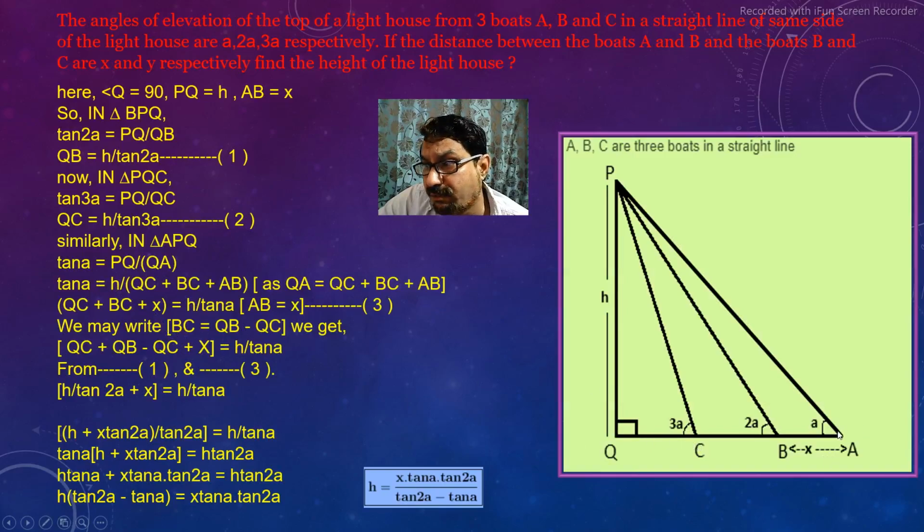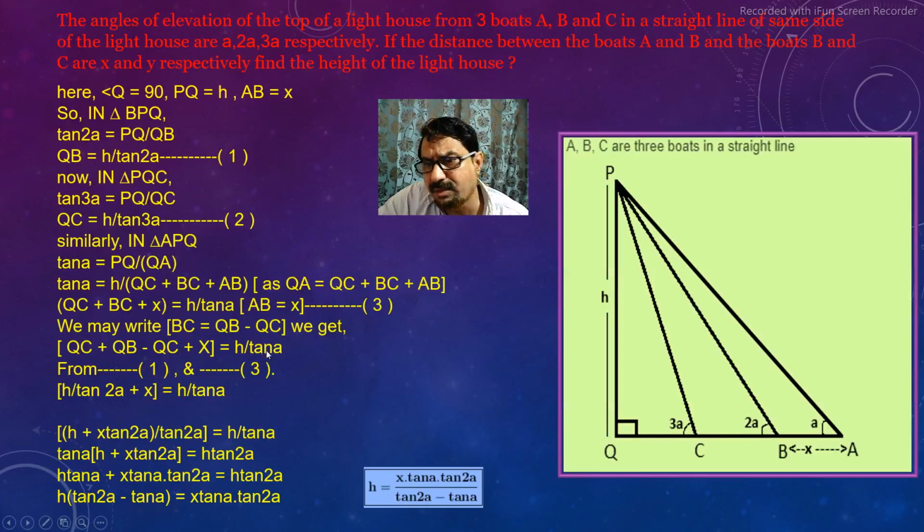But for the first one, what is required is that you need to add all these three sides. So QC plus QB, BC plus AB, that's what you need to do in this equation. BC is nothing but, from here to here, you need to subtract this one from this. So you have QB minus QC. If you subtract this you get this one.